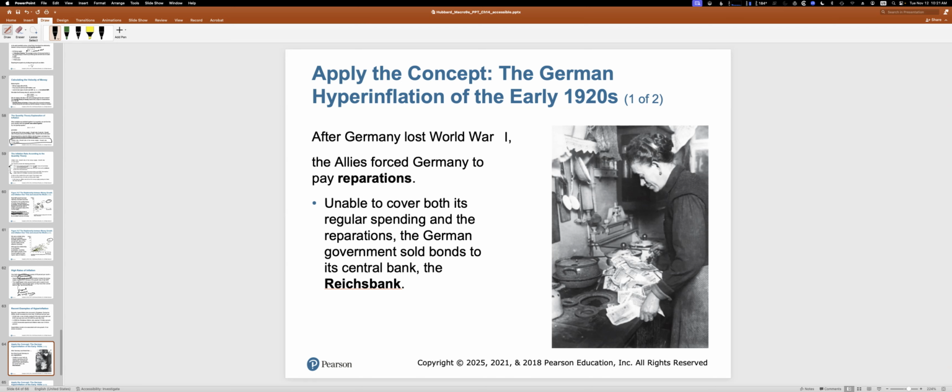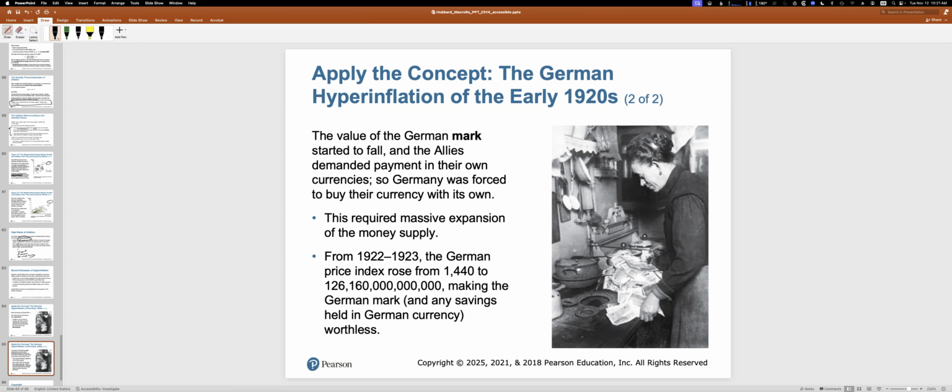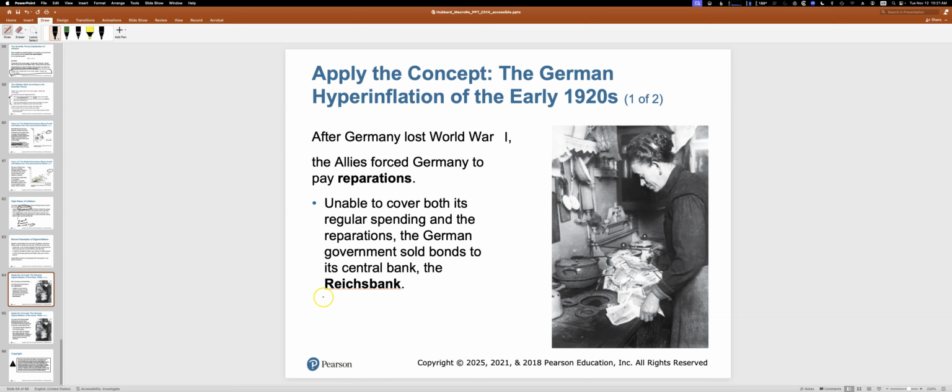And here this woman looks like she's using Deutschmarks and burning them in her stove. Again, this is a pretty complicated historical event. I could talk a really long time about it, but this lecture has gotten incredibly long. Okay.